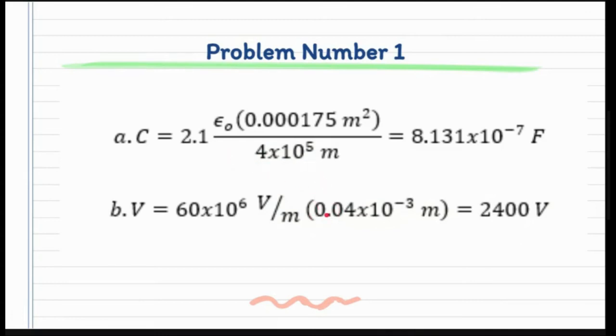If we move 0.04, we convert it into 4.0 times 10 to the negative 5. It moves 2 decimal places after the whole number. So if we do that, that will give us a potential difference of 2,400 volts.